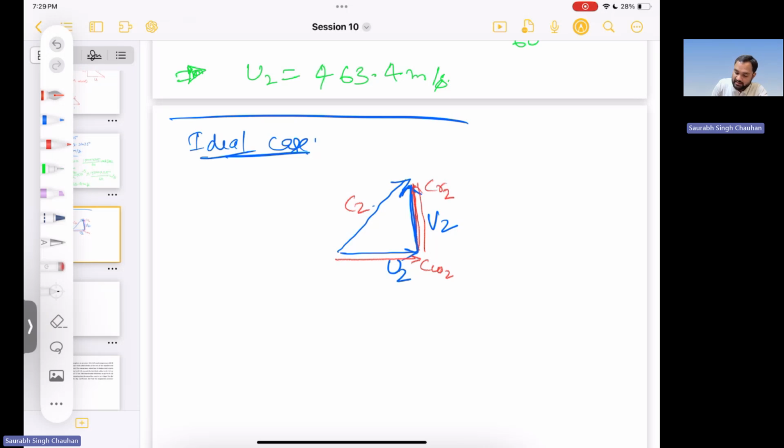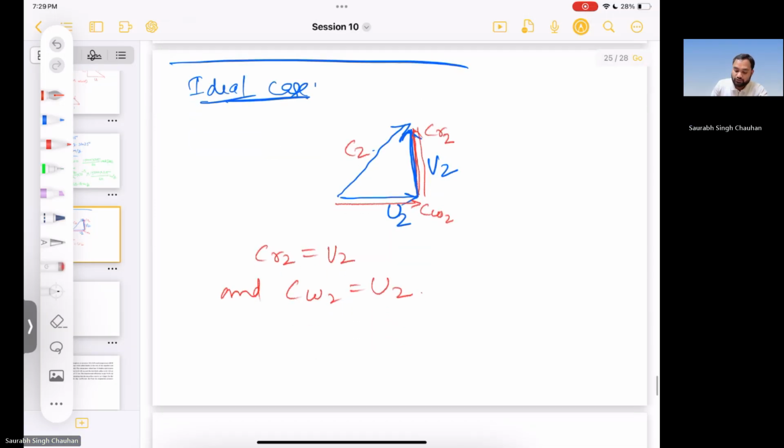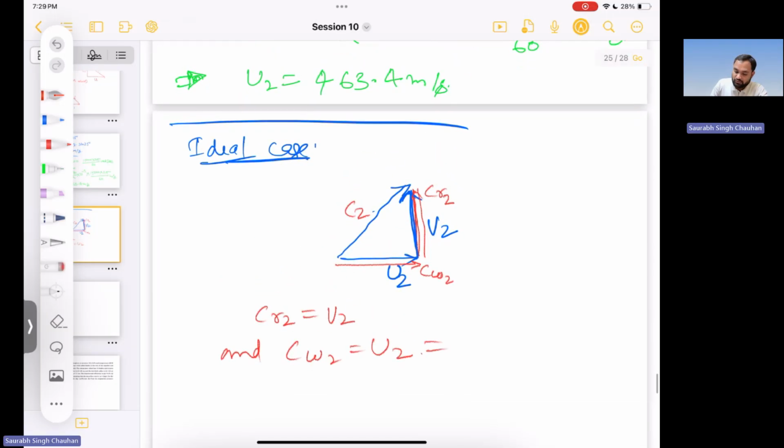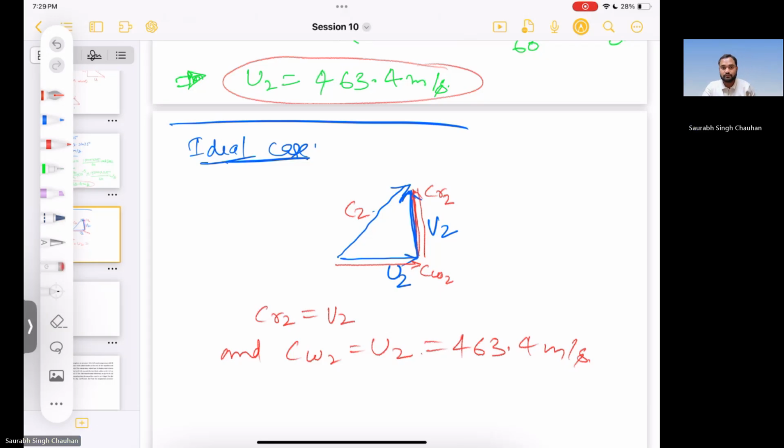You can clearly see that CR2 is equal to V2 and CW2 is equal to U2. U2 you have already calculated, this is 463.4 meters per second.